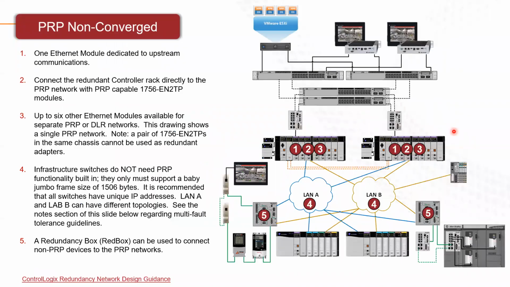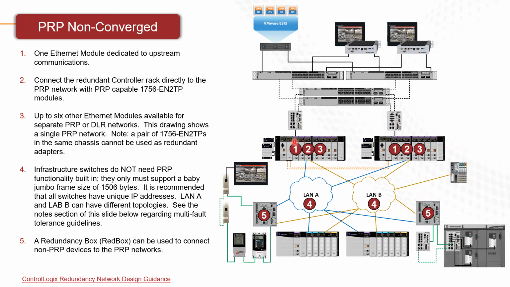Now, just like Mike had the DOR, we have the two non-converged and converged sample architectures here. So again, we can make these available. They're really good references. But just highlighting some of the things here, just like Mike was calling out. One, this is the non-converged.